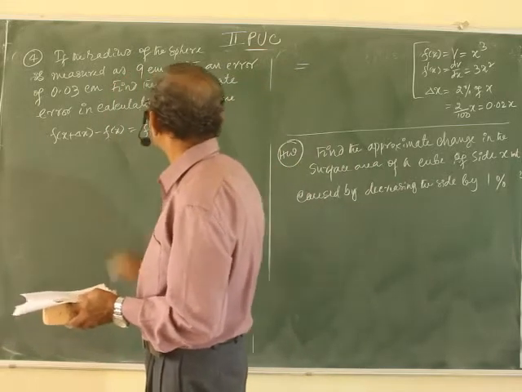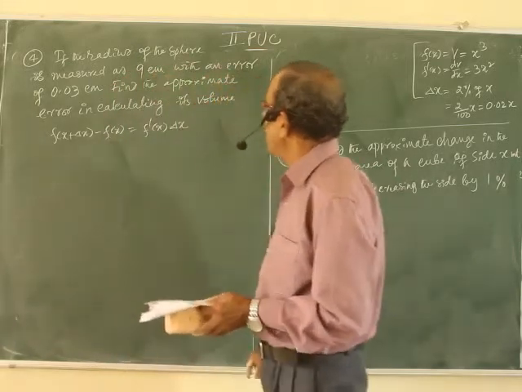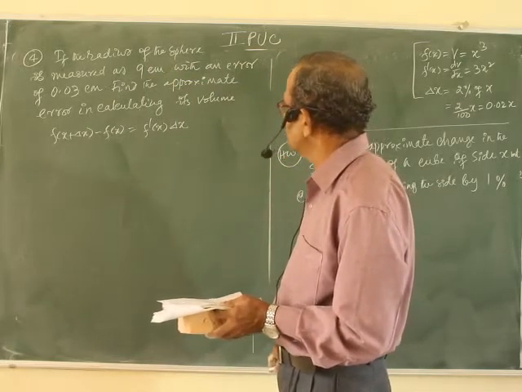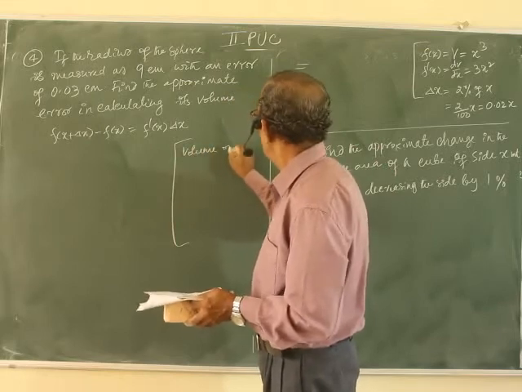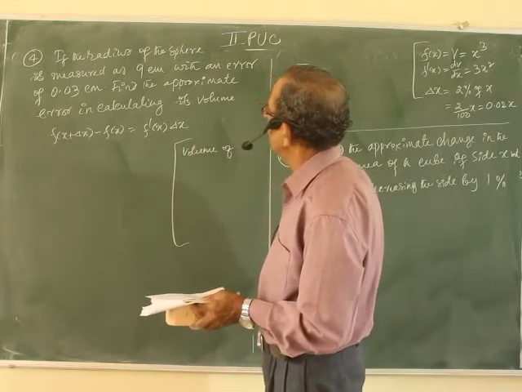Write one by one. F dash of x, volume of what? Radius of the sphere.